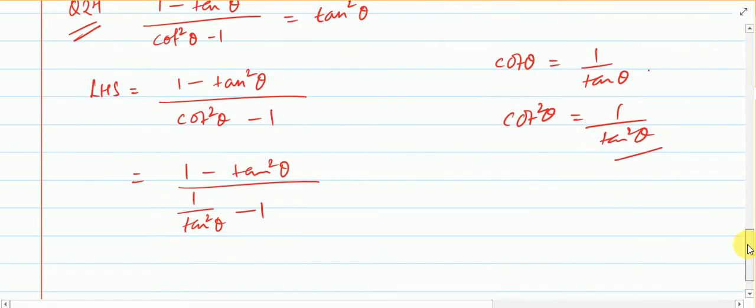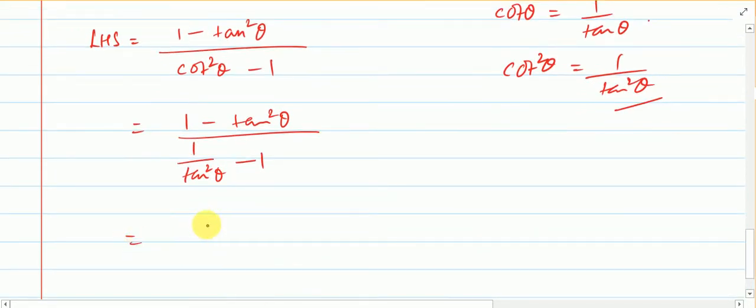Next, here nothing means 1, so if you take the LCM, the LCM will be tan square theta only, and for that simply you will cross multiply. That means this will multiply with this, and in the denominator we'll have this.